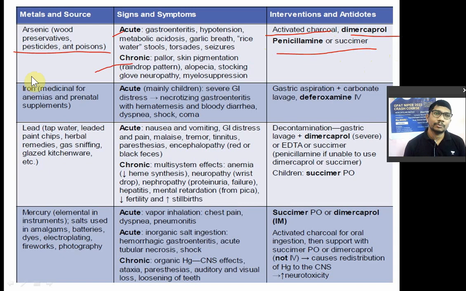Now iron is present in medicines for anemia, and it is also present in parenteral supplements.